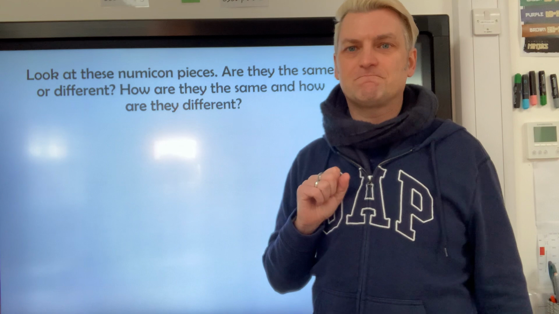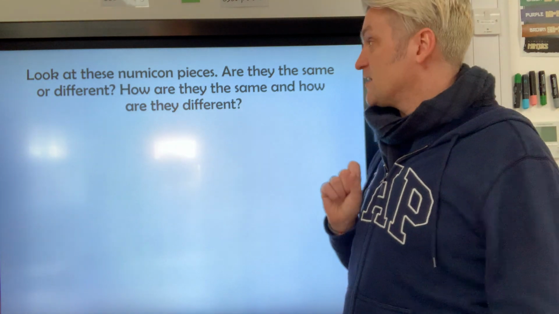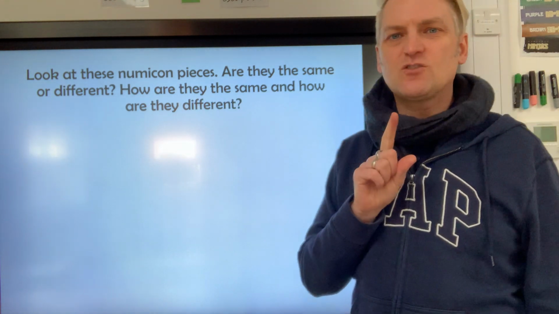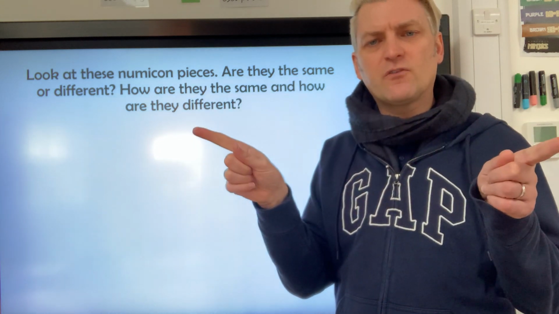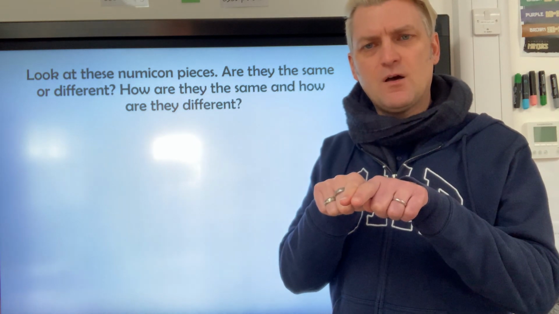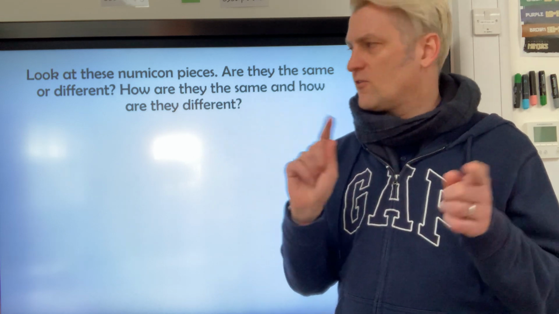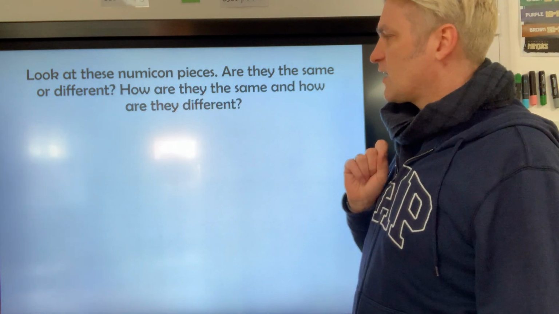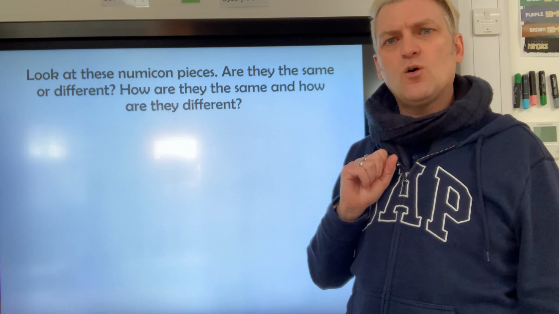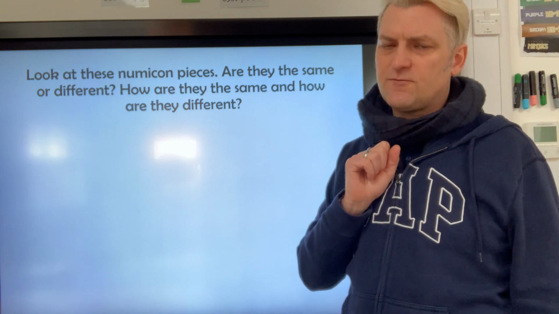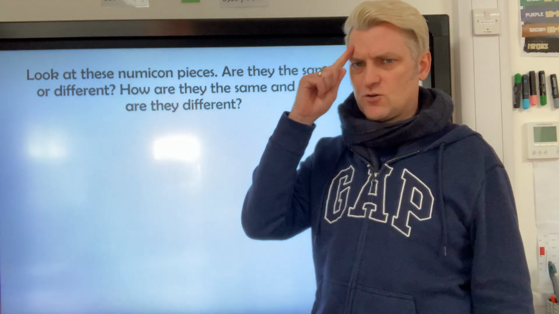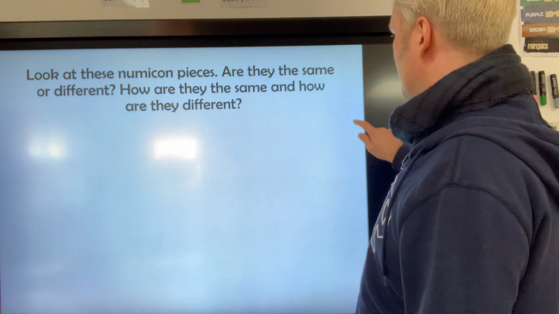Now I'm going to put some Numicon pieces on here, and I want you to think, are they the same or are they different? Remember, same or different. I also want you to think, if they are the same, what is the same about them? If they're different, what is different about them as well? Have a good think. I'll give you some thinking time.